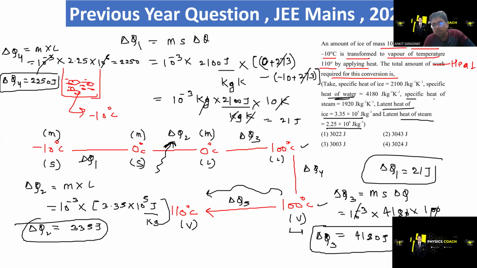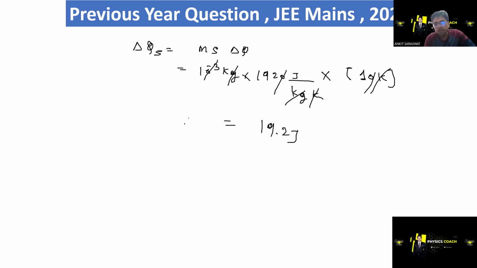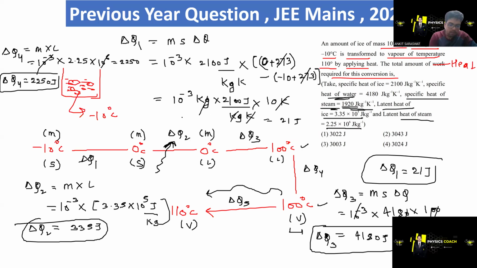So we will put the specific heat capacity of steam, 1920 joule per kg per Kelvin. 100 to 110 means 10 Kelvin. Kelvin and kg cancel, so it comes out to be 19.2 joule. Clear? Delta Q5 is 19.2 joule. You check all the calculations.